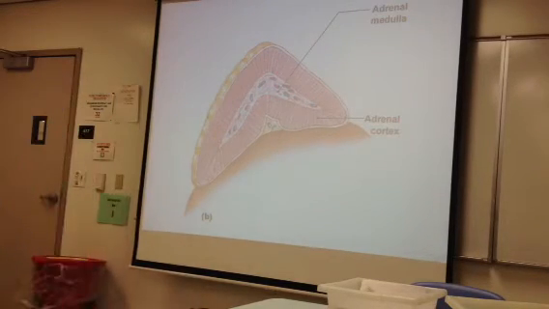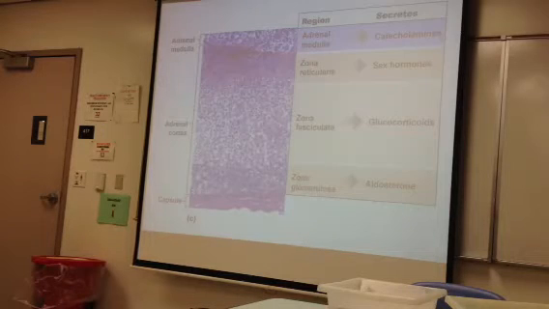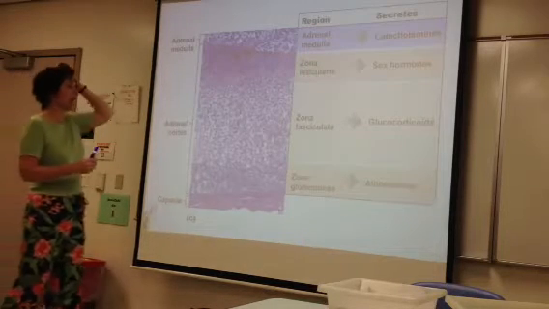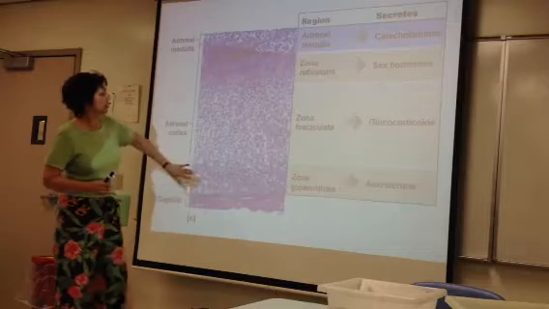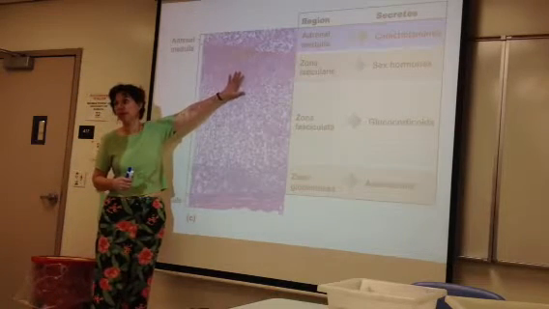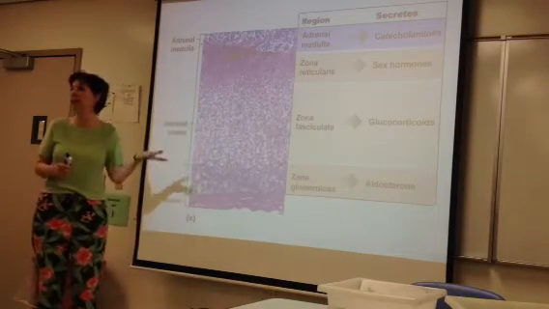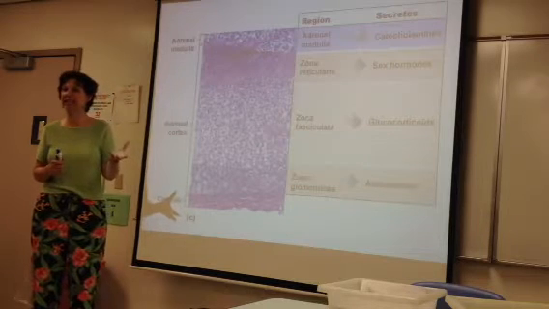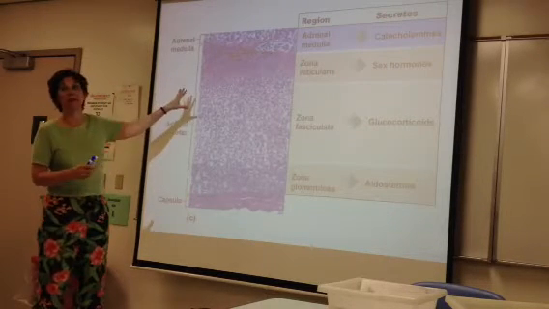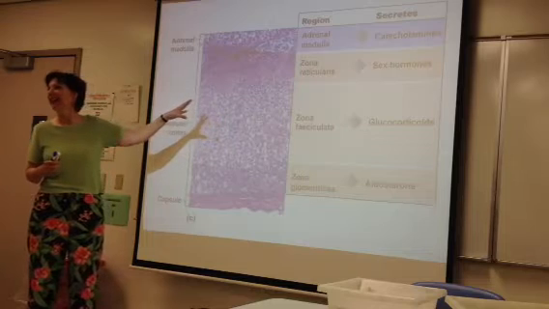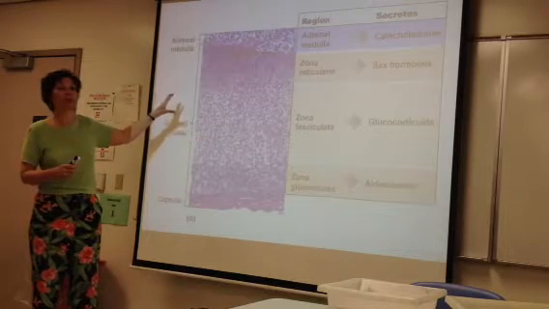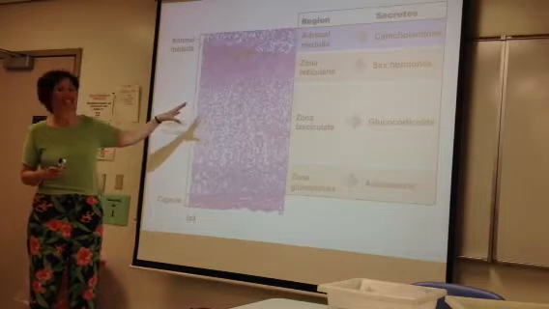So if we look at that cortex in a little bit more detail, here are the three different types of corticosteroids. We have androgens, forms of testosterone, in both male and female adrenal glands. This is where the bearded lady from the circus often comes from, a tumor of the adrenal gland.